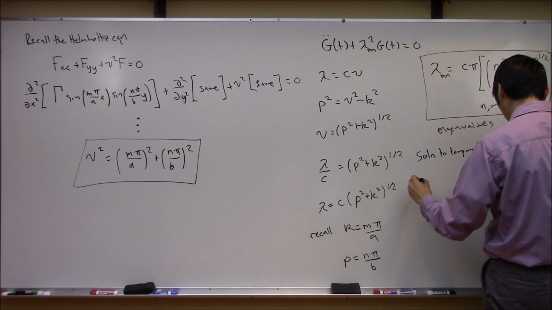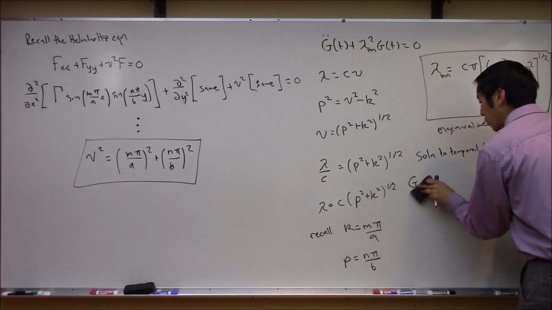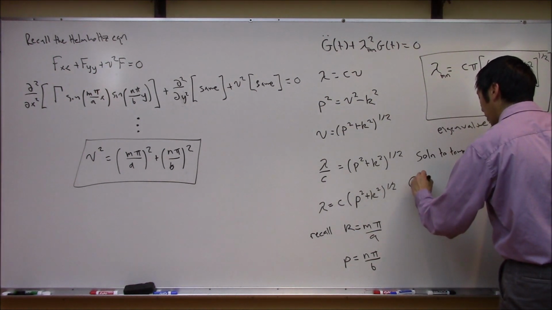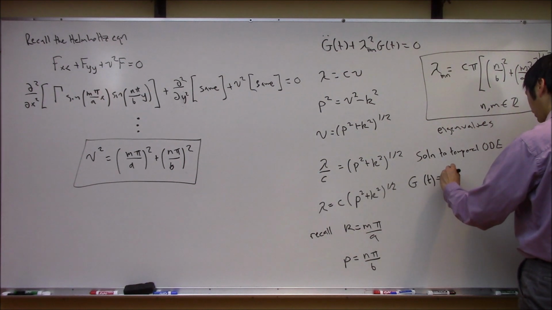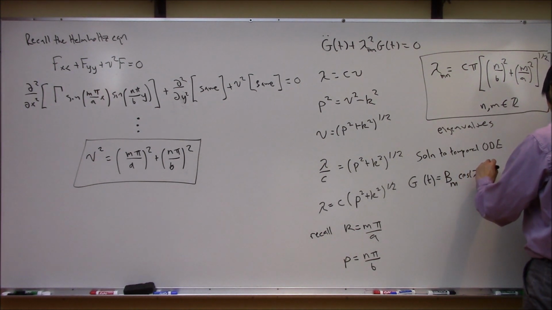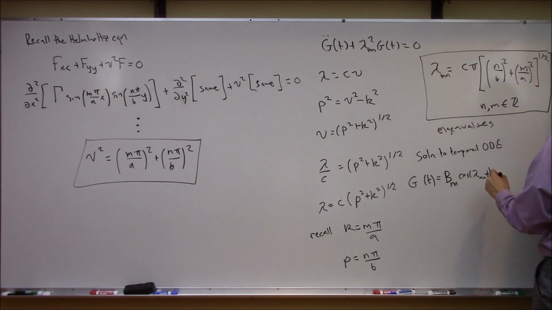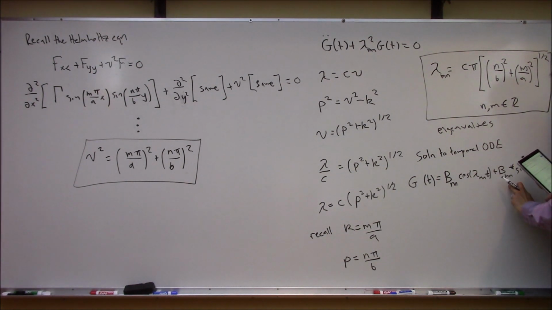The solution G of t is going to be an arbitrary constant b mn times cosine of lambda mn t, plus another arbitrary constant b mn star times sine of lambda mn t.